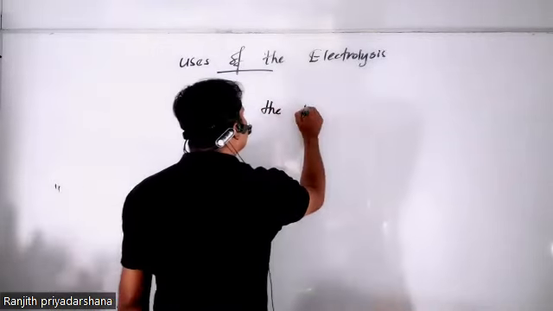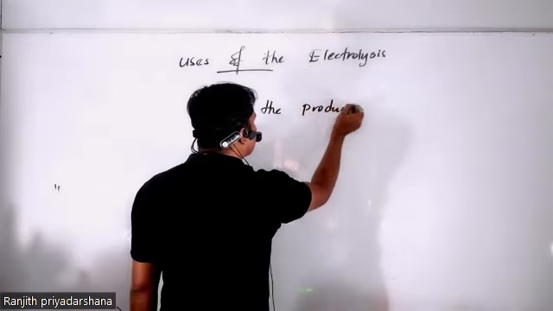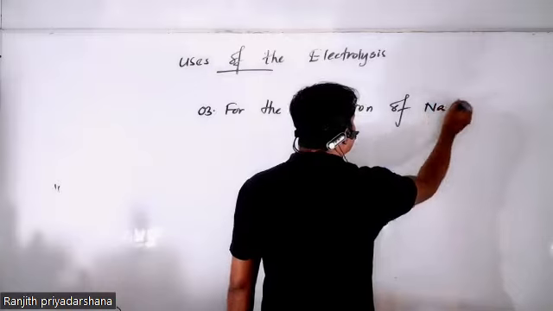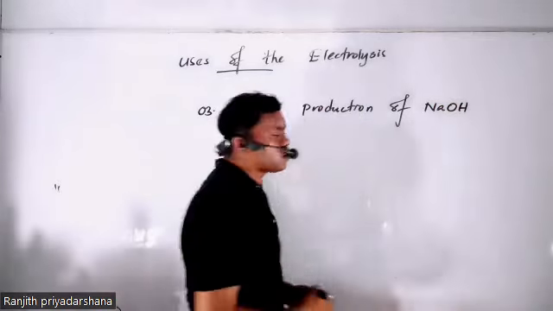For the production of sodium hydroxide, we call that caustic soda.